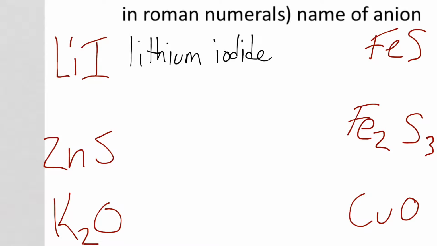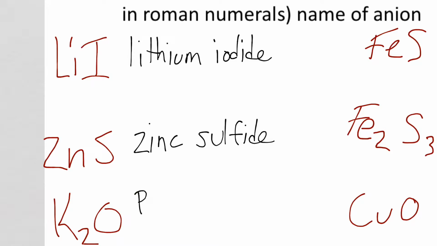Zinc is a transition metal, but it only has a charge of 2 plus, so it follows the same rules as before. This is zinc, no Roman numerals, sulfur becomes sulfide. K2O, K is potassium, oxygen becomes oxide.